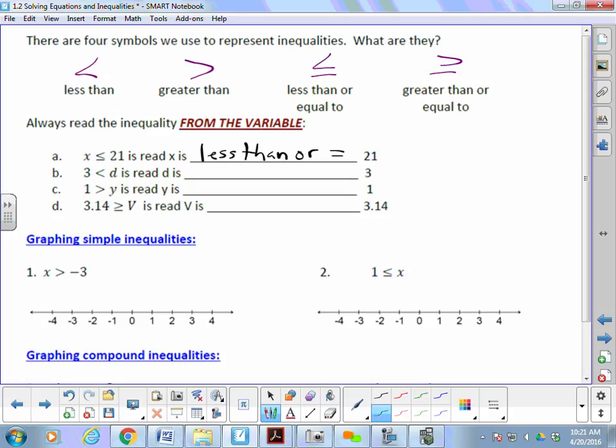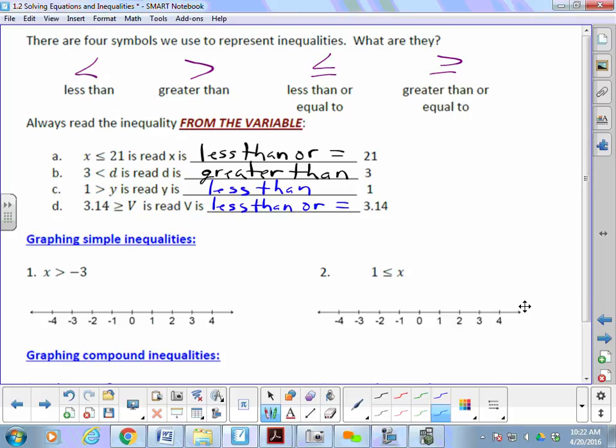Now, since D is on the right side here, it means D is greater than 3, because the alligator is eating the D. And you fill out C and D.